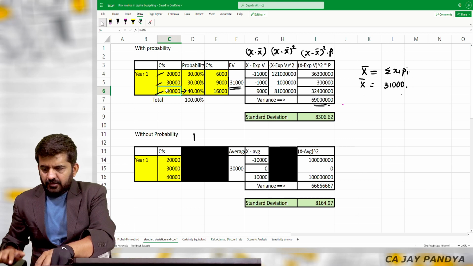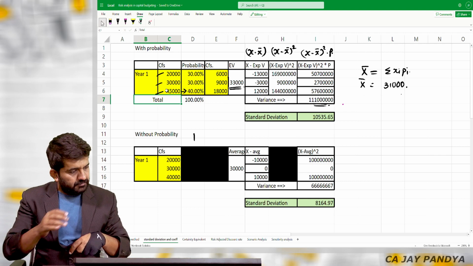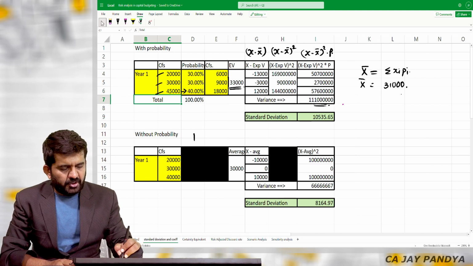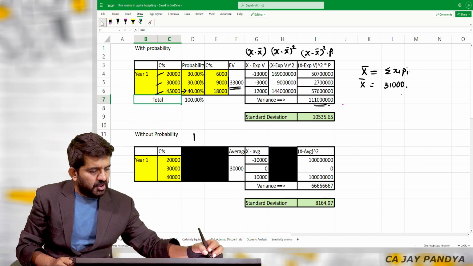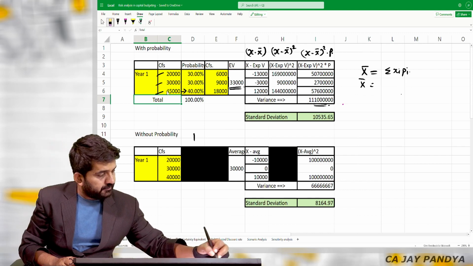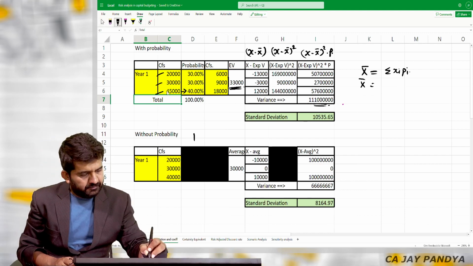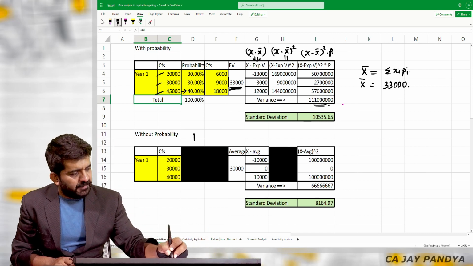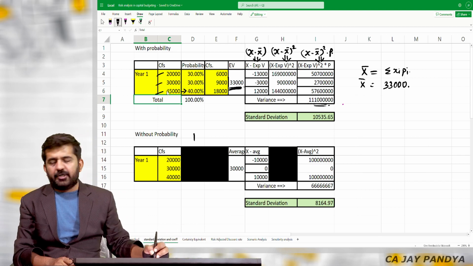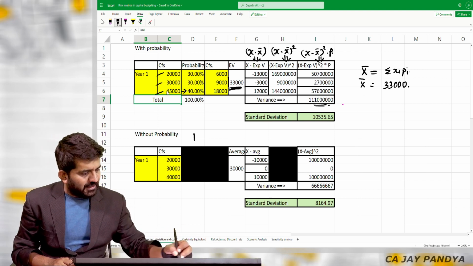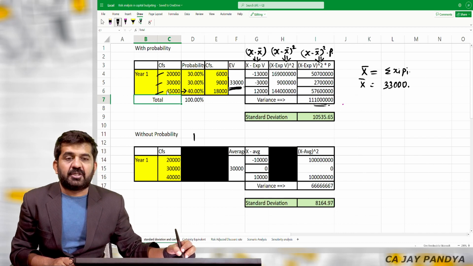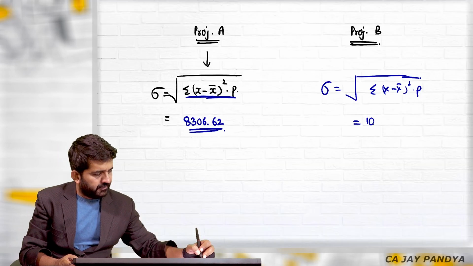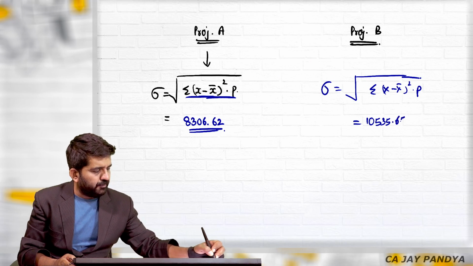Let me even change one of the cash flows, yes, I have changed some cash flow also. So in the third situation it is 45,000, and X bar is 33,000. This is X minus X bar whole square, X minus X bar whole square into P. My standard deviation is 10,535.65.